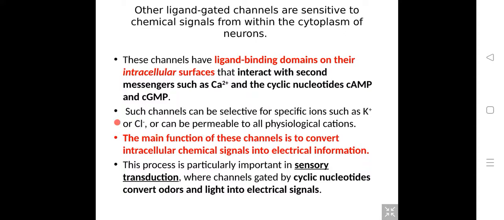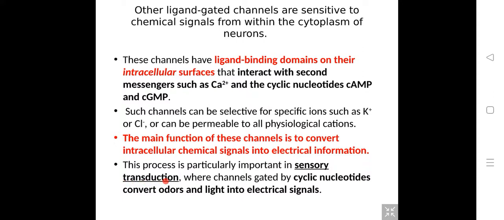So they are not as stringently specific as the others we've looked at. The main function of these channels that respond to second messengers is to convert the intracellular chemical signal into electrical information. And this is particularly important in sensory transduction.